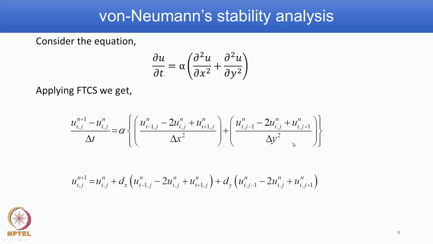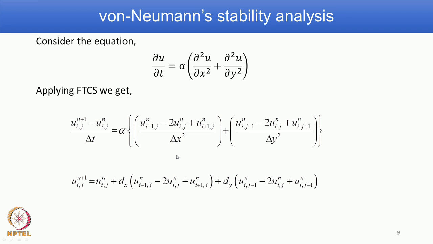Then the second term in the parenthesis, this is for the second derivative in the y direction, but again central in space. So, you can observe u is taken from nodal location i comma j minus 1, u at i comma j, u at i comma j plus 1, again evaluated at nth level.